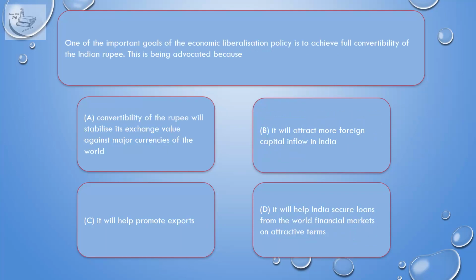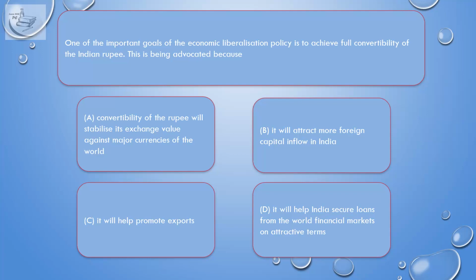Question 1. One of the important goals of the economic liberalization policy is to achieve full convertibility of the Indian rupee. This is being advocated because A. Convertibility of the rupee will stabilize its exchange value against major currencies of the world. B. It will attract more foreign capital inflow in India.